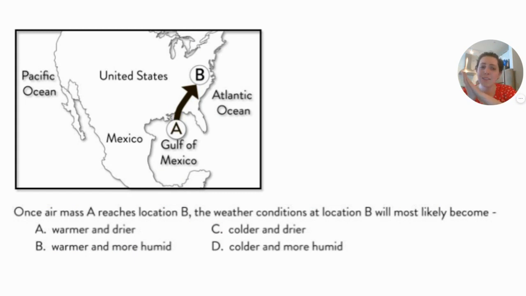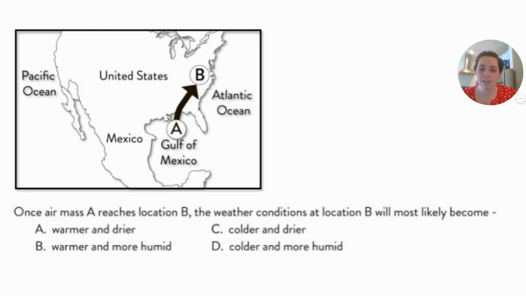Okay, how can this be applied? That's what this example is. Our question is, once air mass A reaches location B, the weather conditions at B will most likely become blank. So we are looking at this air mass right here. We want to know what the air was like where we're starting. At A, over the Gulf of Mexico, we are starting over water.